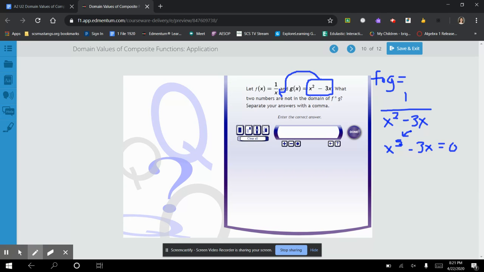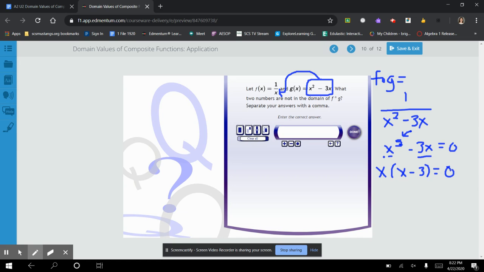I can't add the 3x to the other side and then divide by x because we're not allowed to divide by 0, and we don't know for sure that it's not. So we've got to go another way with it. The best way to go is by factoring. Both of these terms have an x in them. So we're going to do x times x minus 3 is equal to 0.